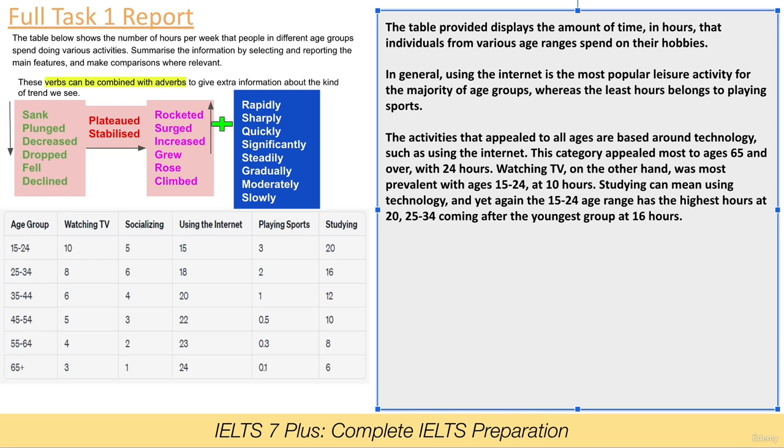So now let's talk about socializing and playing sports, and we'll compare and contrast the two different groups here. So let's think about this a bit more. Socializing and playing sports.